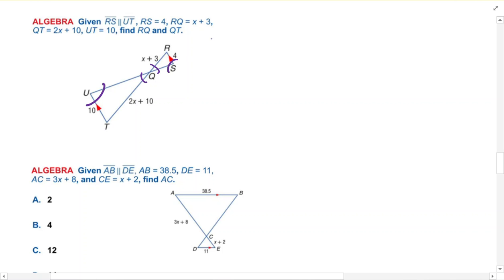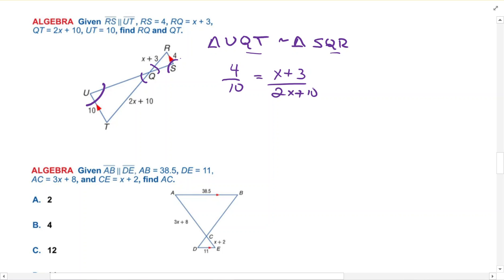So basically we know that triangle UQT is similar to triangle SQR. So setting this up, we know that RS, which is 4 over UT, so 4 over 10, has to be TQ and QR. So TQ is, we're going to do the smaller one on top, so x plus 3 over 2x plus 10.